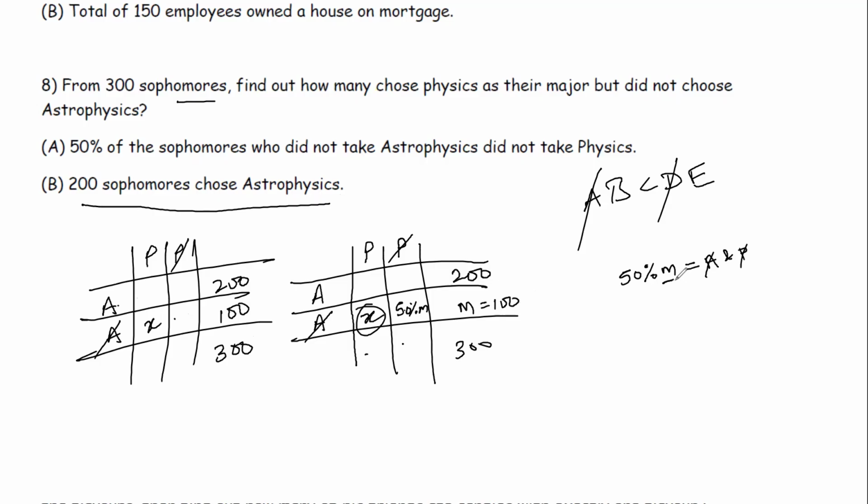If M is 100, then 50% of 100 is 50. So we know this category is 50. And if this is 100, then X is also 50. We get the answer when we take both together. So C is the answer. B didn't help us. A didn't help us. But A and B together do help us. So the answer is X is 50 because this is 100.